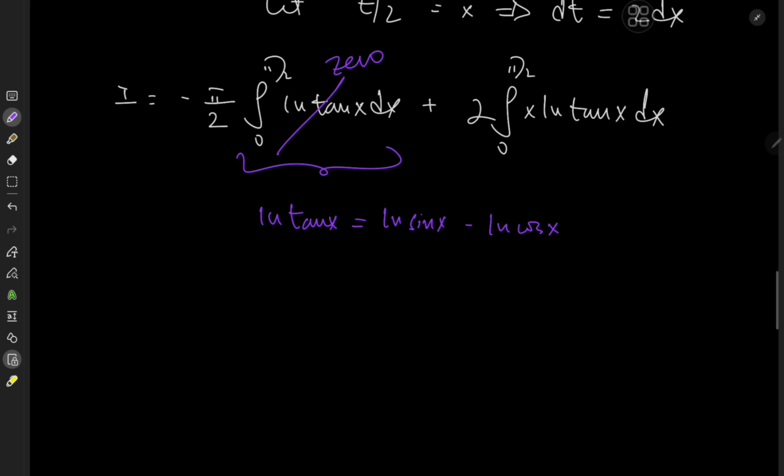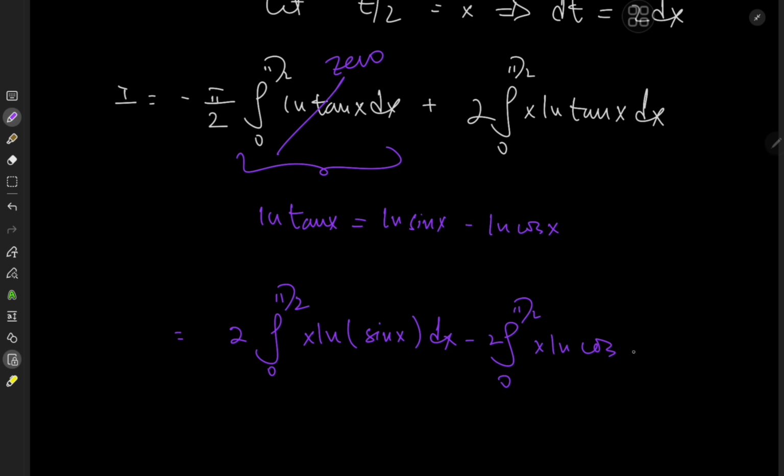And we're left with twice the integral from 0 to pi over 2 of x times log sine x minus log cosine x. So I'm just going to write this out separately. So we have minus twice the integral from 0 to pi over 2 of x times log cosine x dx.